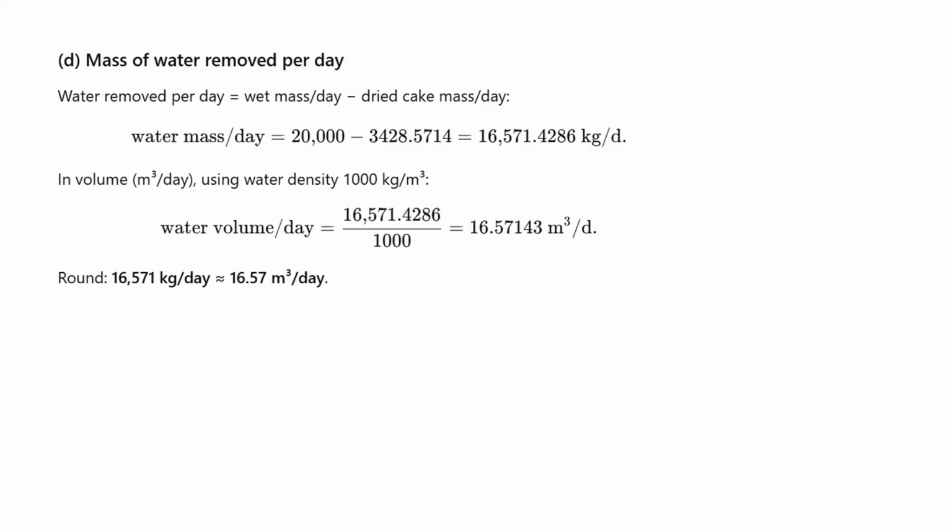But your mass of final sludge, that is the dried cake, is going to be 3428, so which is equal to 16571 kg of water removed in a day.